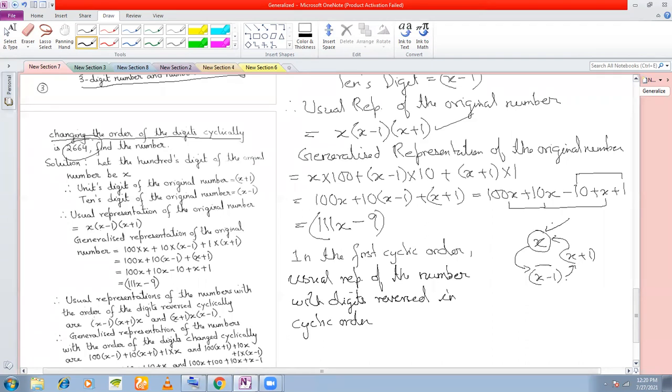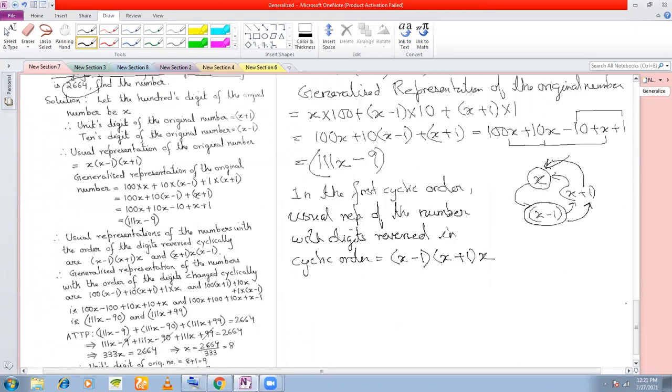Next, we are going to start with x minus 1. So now our hundreds digit will become x minus 1. Next, we move to the next digit, which is our tens digit, and that will become x plus 1. Next, we move to the next digit, which is x. Yes? You agree, all of you?